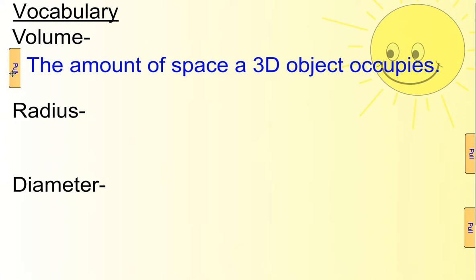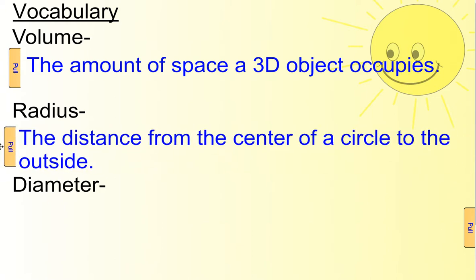Okay. Radius, when you're talking about a circle, is the distance from the center of a circle to the outside. So radius, if you have a circle, goes from the center of the circle to the outside. That is a radius.